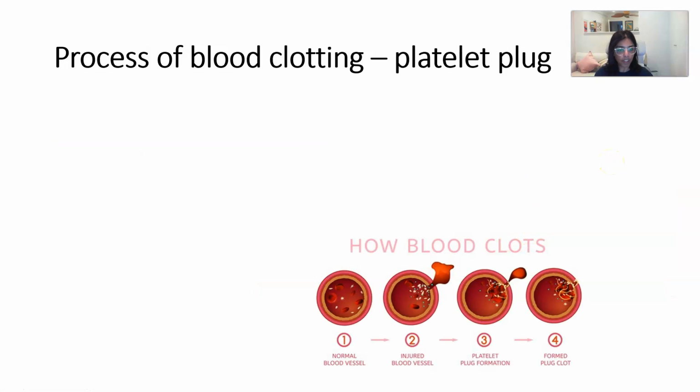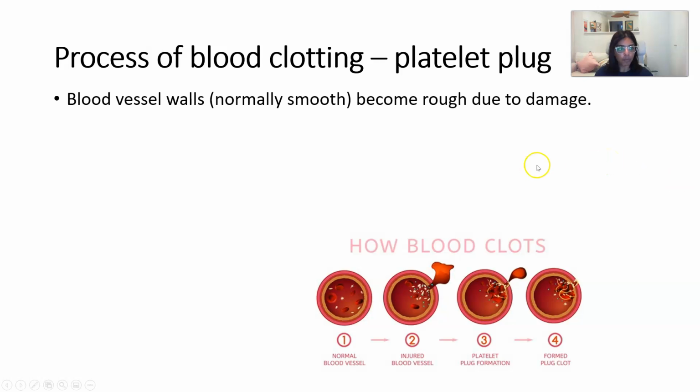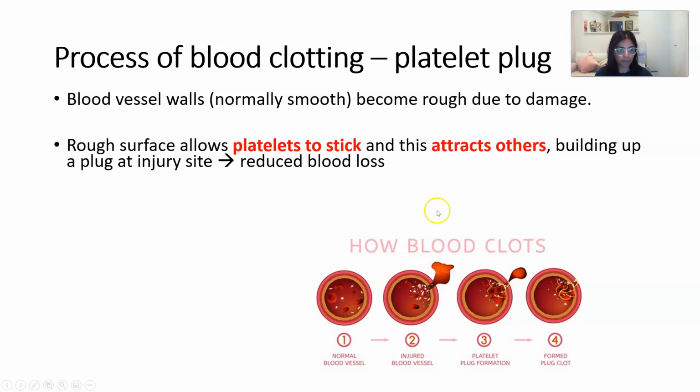Next stage is when we look at the formation of a platelet plug. Blood vessel walls are normally quite smooth because they're lined with endothelial tissue, which is a type of epithelium. However, when there is some sort of mechanical damage, as you can see here, it starts to become quite rough on the inside.